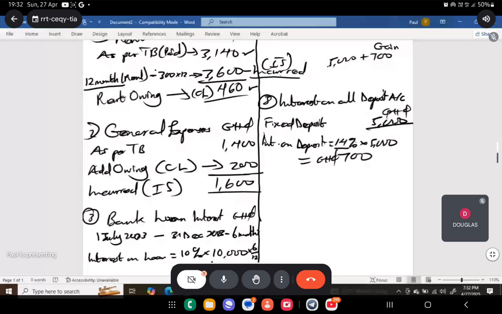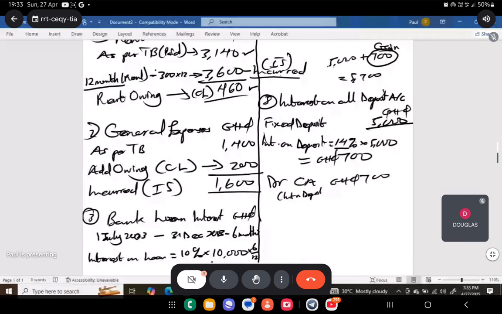So the interest on this deposit, the double entry of the 700 becomes: debit your current assets with the 700, which is your interest on deposit. Then you credit your income statement.